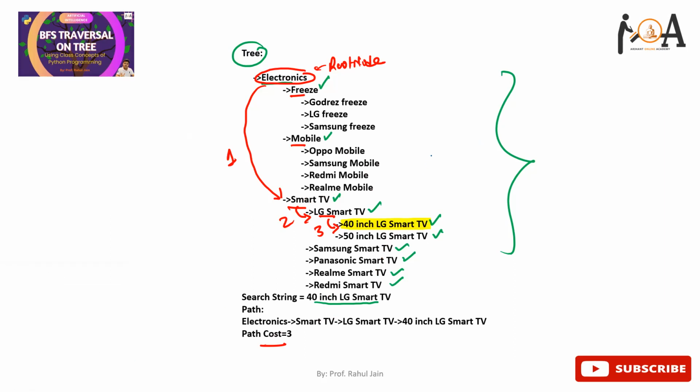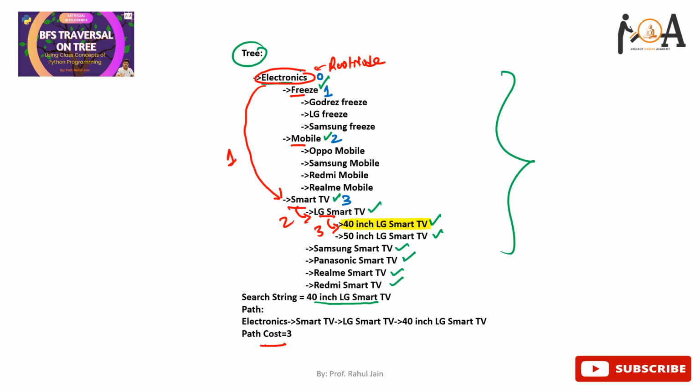Now, one important question that can be in your mind is how to create nodes. So this is the root node, let's say Electronics. Under this Electronics root node, if we treat it as zero, we can treat node number one as Fridge, node number two as Mobile, node number three as Smart TV. Correct?